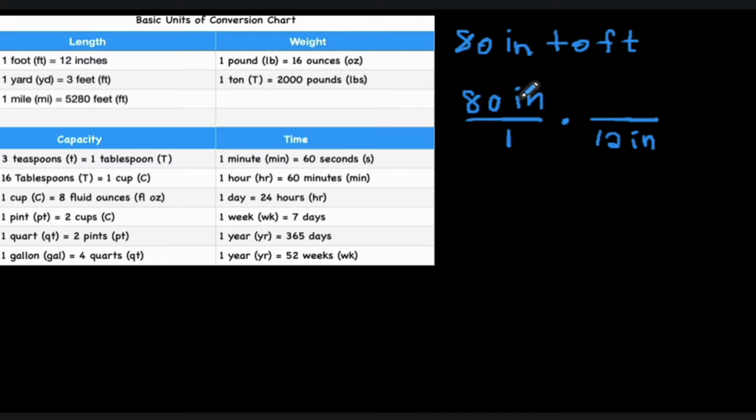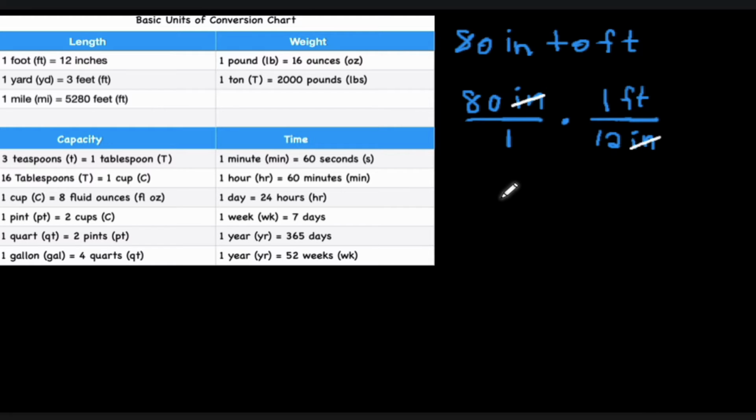Because we have inches in the numerator and they will cancel. And now also, since we need to have feet, it has to be placed in the numerator, okay? So we place 1 foot in the numerator like so. So now we can go ahead and cancel out the units. So we have inches here, all right?